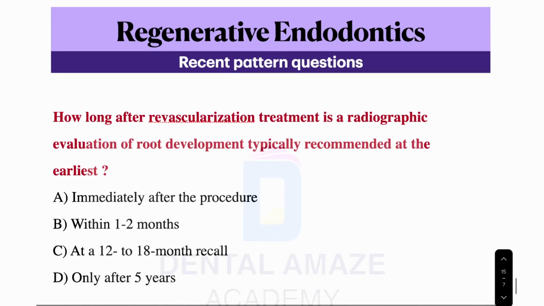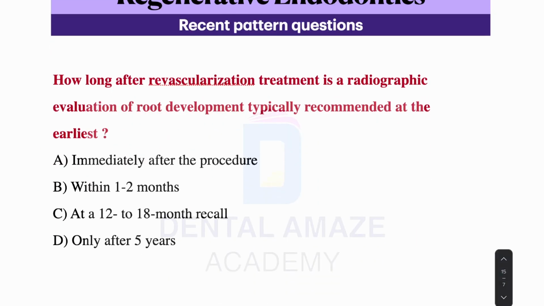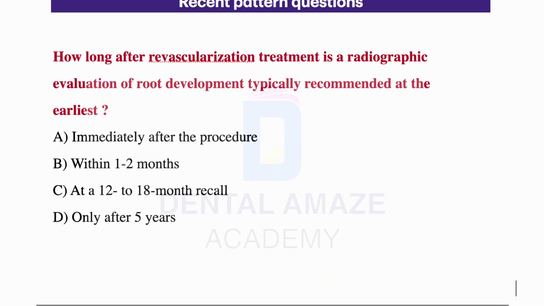Now coming on to the next question. Yeah, again it's taken from your Cohen: how long after revascularization is a radiographic evaluation of root development recommended? So when do you first evaluate if your radiographic lengthening has happened, if your root formation has proceeded and root length has increased, like you do in apexification and all, isn't it?